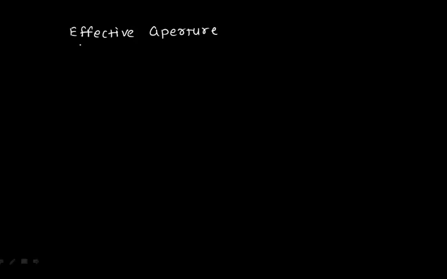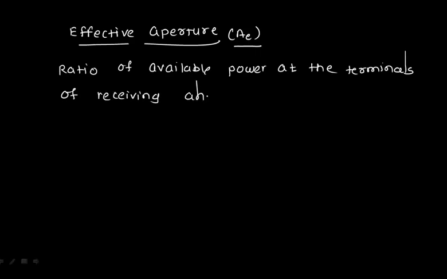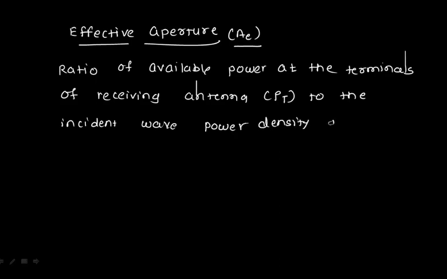So I can say my effective aperture is nothing but the ratio, and the notation for this is A. So the effective aperture will be defined as the ratio of available power at the terminals of the receiving antenna, that is PT, to the incident wave power density from that direction.